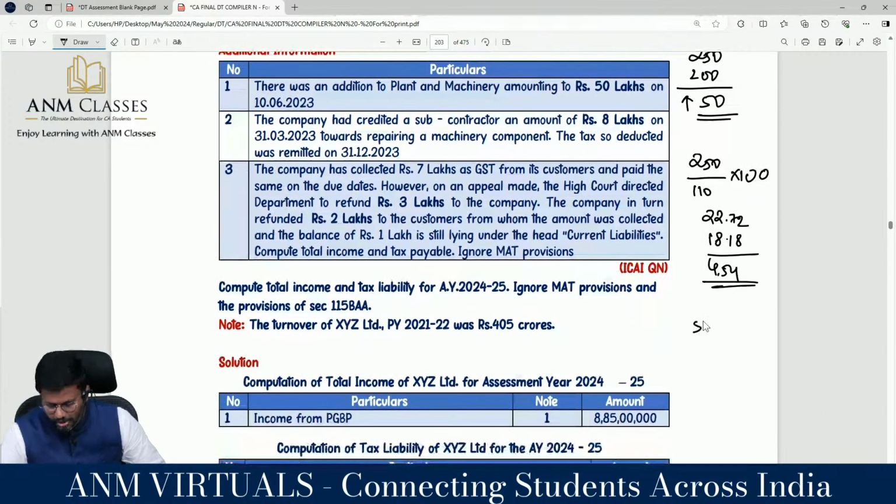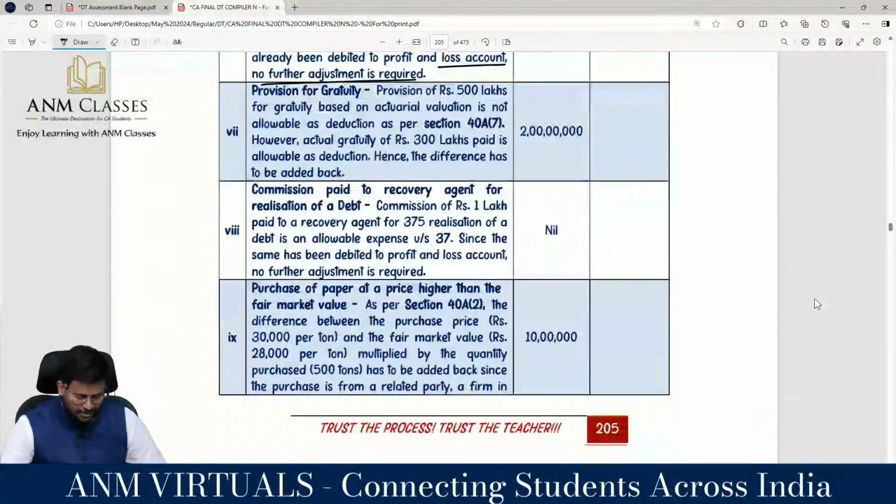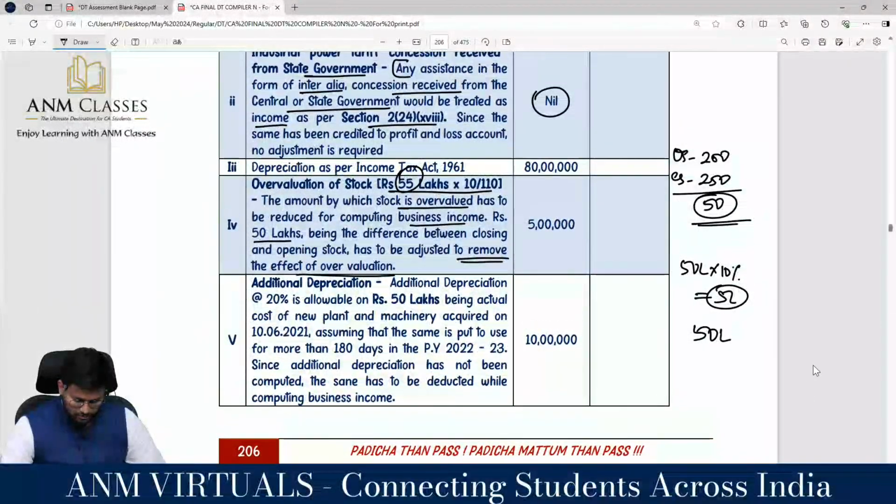This is what I already calculated. 50 divided by 110 into 10 comes to 4.54. This is the right answer. That 5 lakh is wrong. Mathematically calculation is wrong. We have to change it.